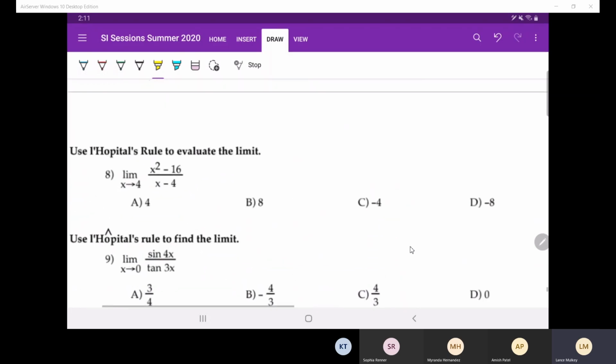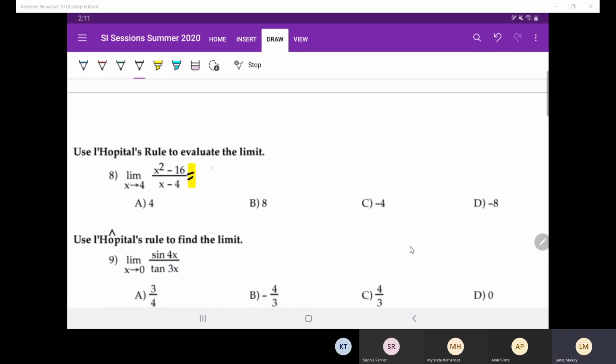L'Hopital's rule. So if you plug in 4, you get 0 over 0, which means indeterminate. Remember how hard life used to be when you had to try to cancel stuff out? This one's a little easy. But now you can take the derivative.